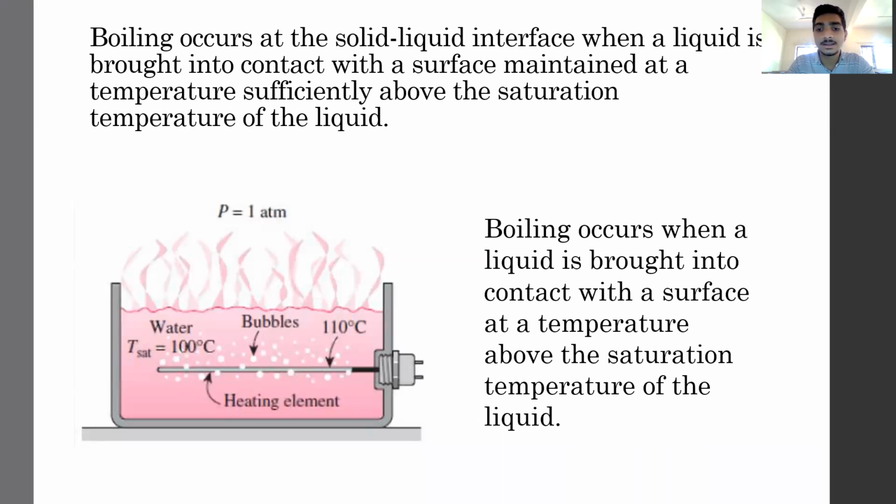Here there is a pressure of 1 atmosphere, the water has some bubbles, the temperature of the heating element is 110 degrees Celsius, and the saturation temperature is 100 degrees Celsius.